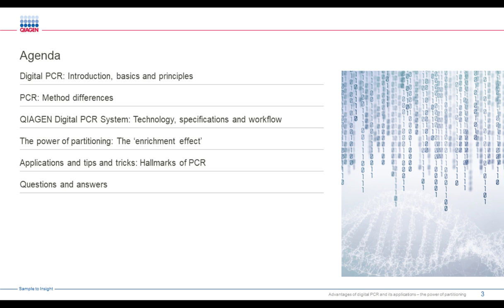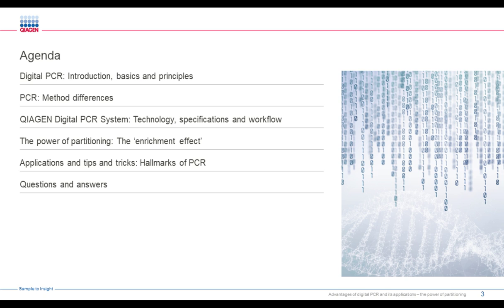If we look at the agenda, we will start with a slight introduction of the basics and principles of digital PCR. After that, we will follow with a difference between the different PCR methods. We will continue with the digital PCR system technology and specifications from QIAGEN.